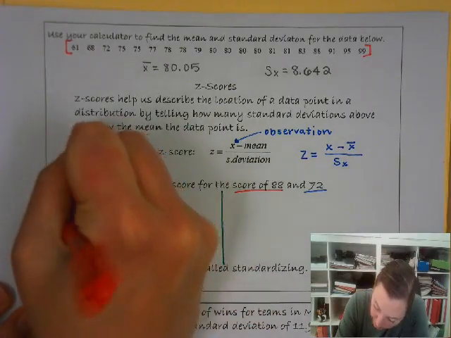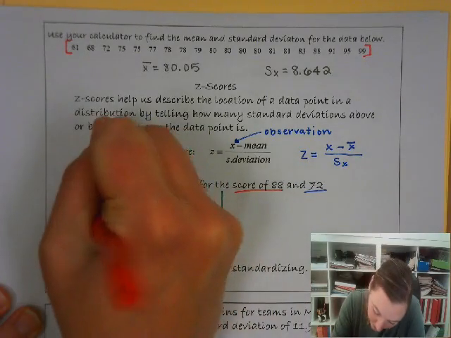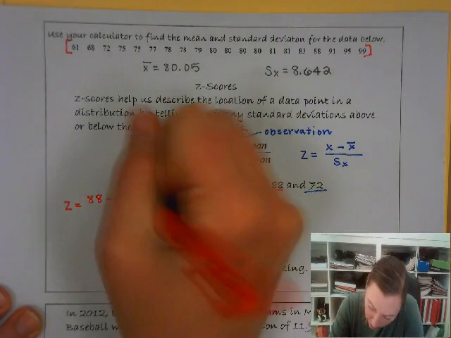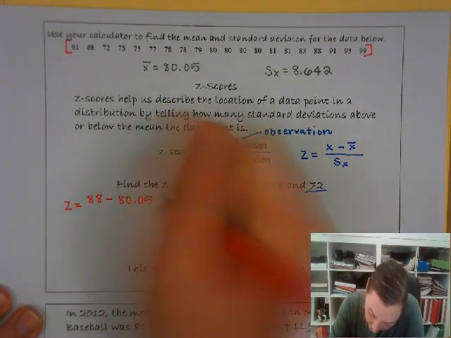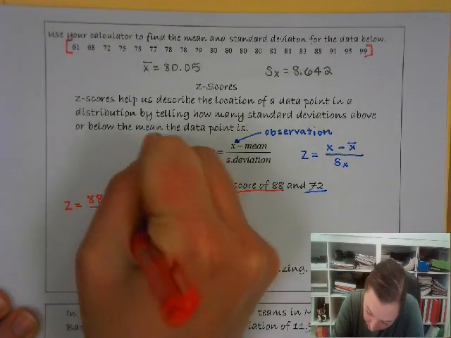So for a z-score, we're looking at 88. The average, so we're taking away the average, is 80.05. And then we divide by the standard deviation, which is 8.642.